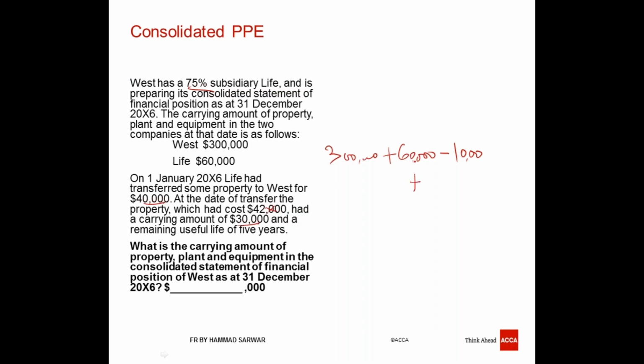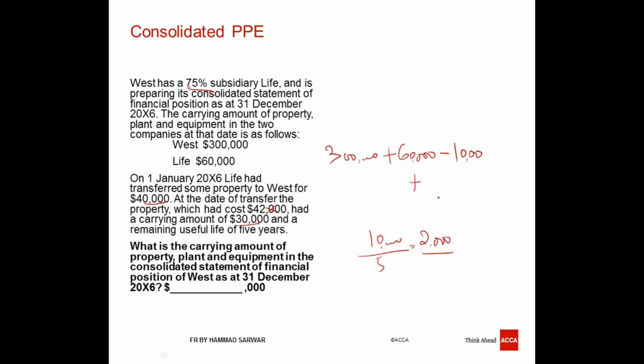Plus you need to make the reversal of depreciation adjustment for this case. So 10,000 is the amount of the profit that has been booked, and the depreciation will be overcharged on this 10,000. So you need to make the adjustments, reversing the depreciation amount.